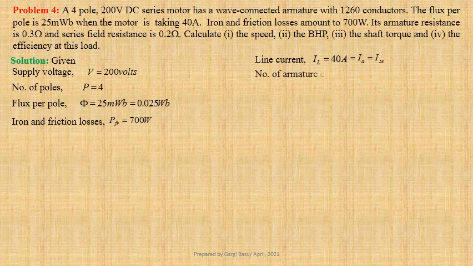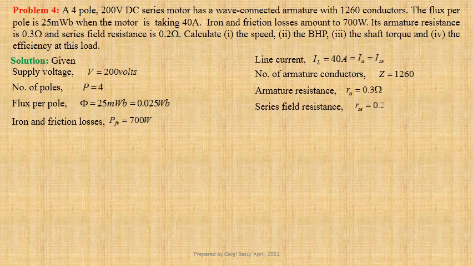Number of armature conductors Z equals 1260. Armature resistance Ra equals 0.3 ohm. Series field resistance Rse equals 0.2 ohm. For wave-connected armature, number of parallel paths A equals 2.